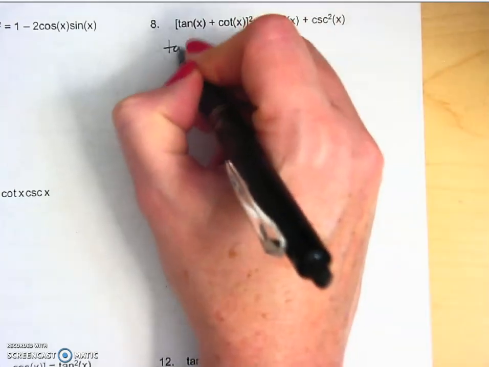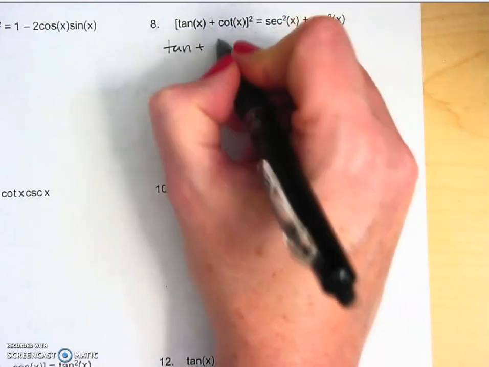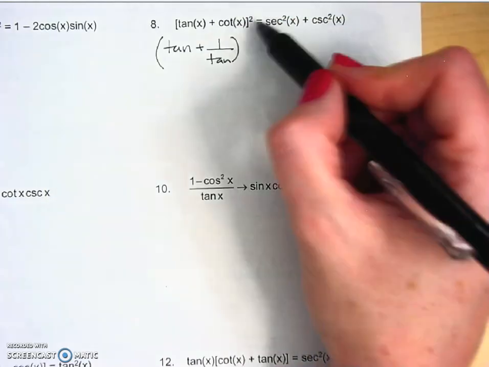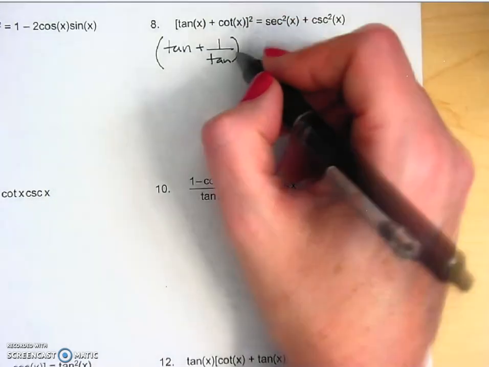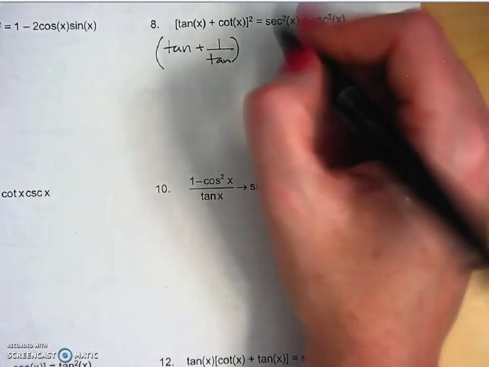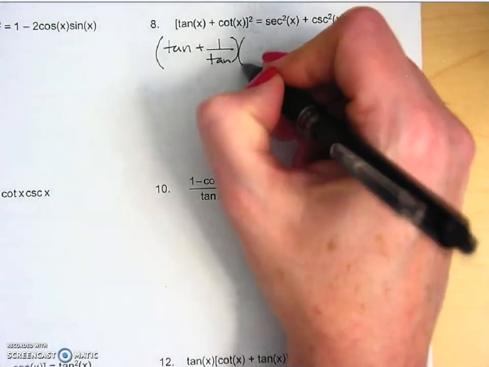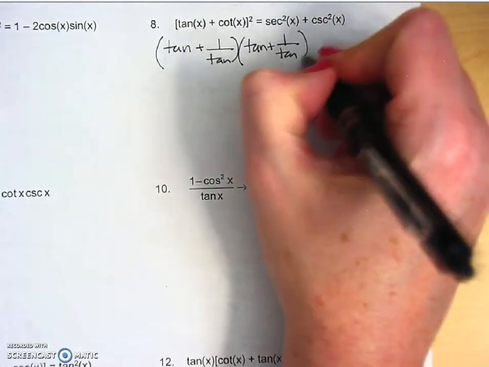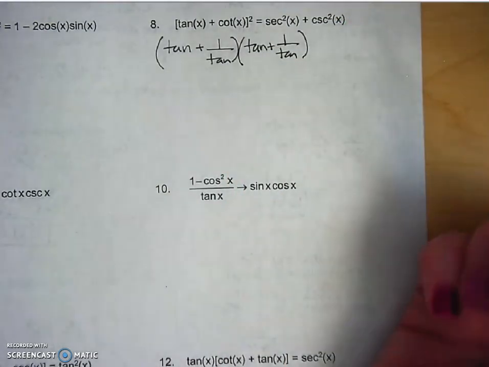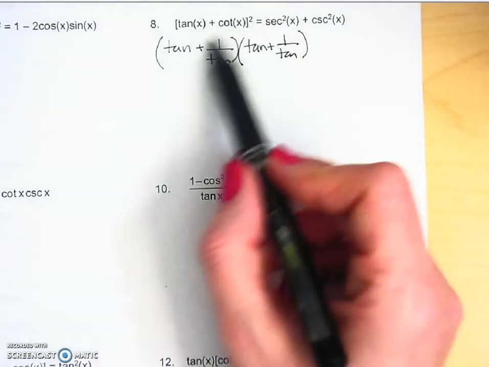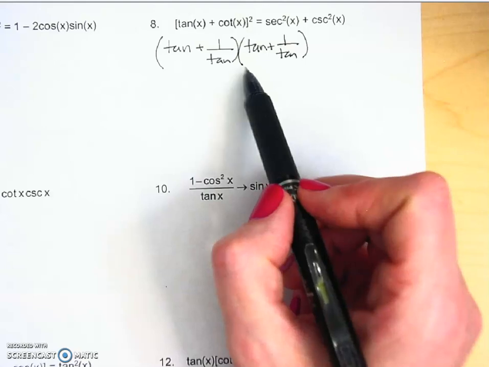So since it's squared, that means times itself. I'm going to leave the right side alone for just a minute and work on foiling this scenario.